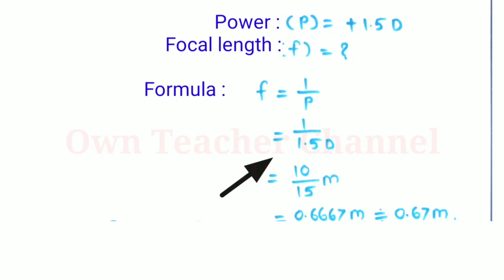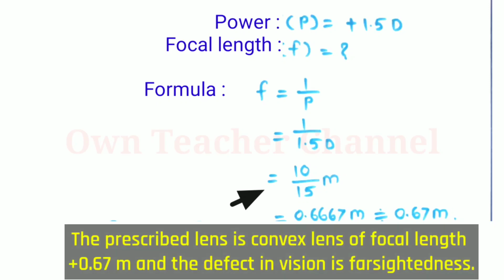That means 10 upon 15. After division, we will get 0.67 meter. The prescribed lens is convex lens of focal length plus 0.67 meter and the defect in vision is farsightedness.